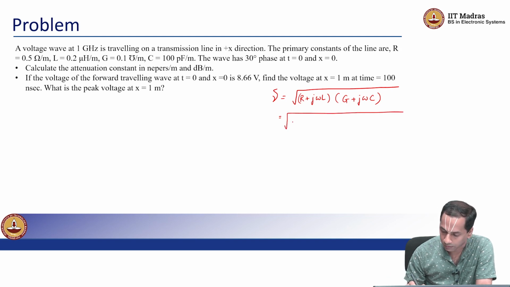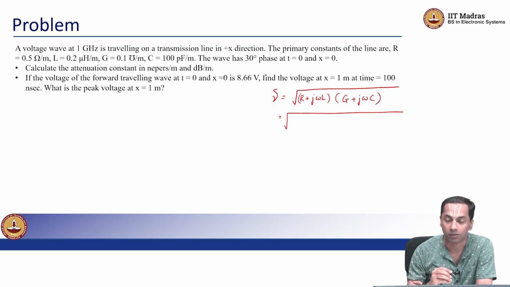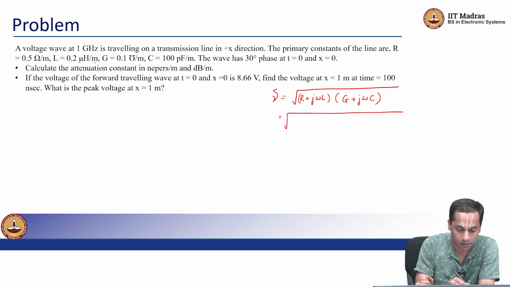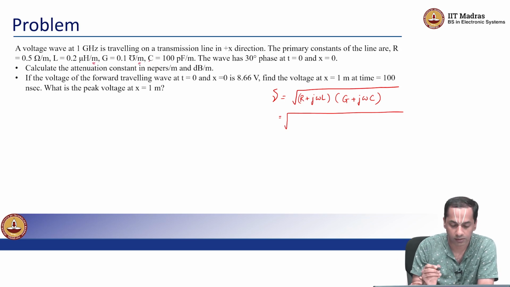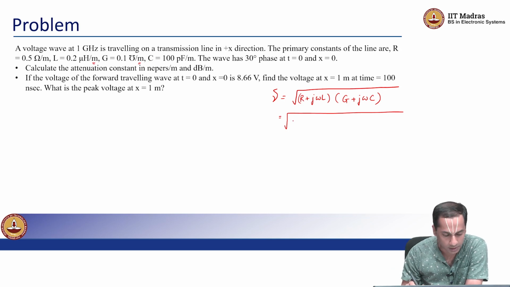So R is half ohm per meter. Remember, R, L, G and C are the distributed quantities, right? So you can notice that the quantities given are all per unit length, right? So we don't have to really do much more than simply substitute the numbers given to us.